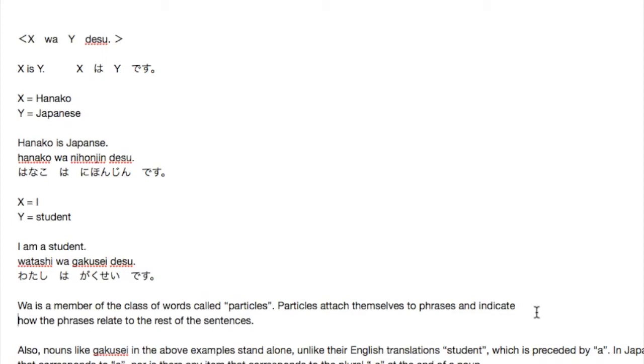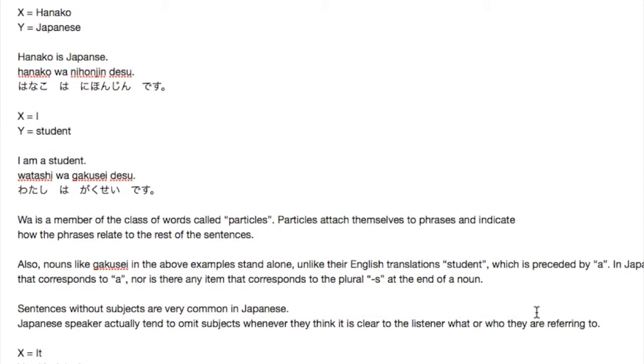This is polite. And also, nouns like 学生 in the above example stand alone, unlike their English translation, student, which is preceded by a.